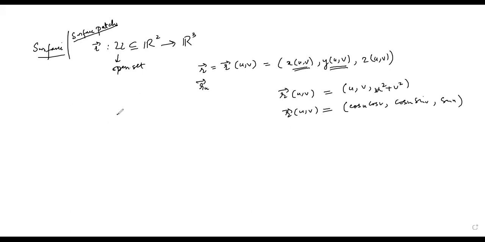And then we also talked about what is a regular point. A regular point is one where this cross product of partial derivatives of the surface at that point is not a zero vector. Of course if a point is not regular, then it is singular. So we discussed those things, and then we imposed a condition of a change of parameters.